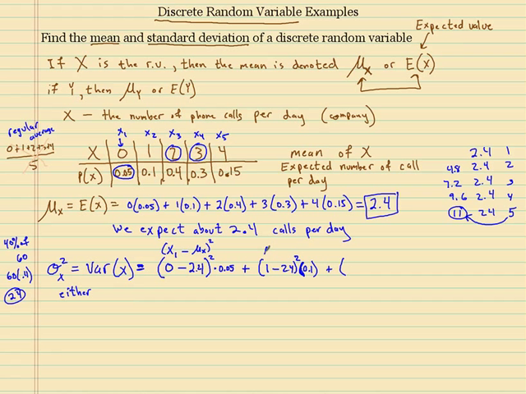So that's x2 minus mu of x squared times probability of x2. I'm not going to write the formula anymore, so you should get the idea. 2 minus 2.4 squared times 0.4. That's a 4. Plus 3 minus 2.4 squared times 0.3.